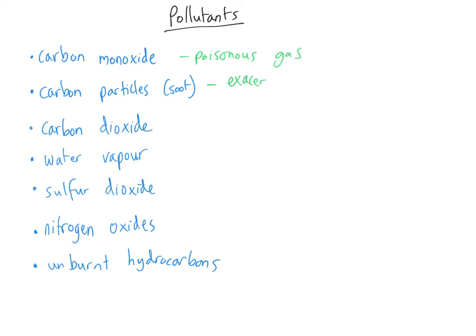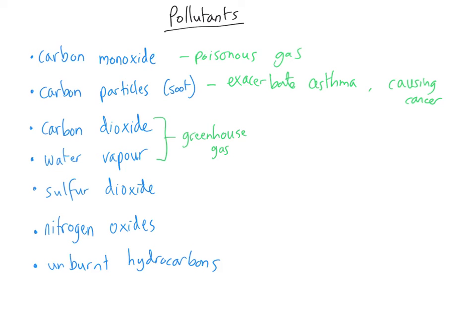So exacerbate means make asthma worse, but also it can be linked to other problems such as causing cancer. Carbon dioxide, which we've seen can be produced by burning alkanes when there's plenty of oxygen, along with water, is a greenhouse gas. And we'll come back to greenhouse gases in a moment.